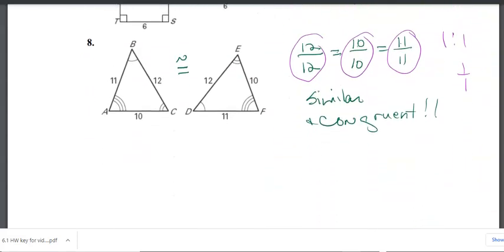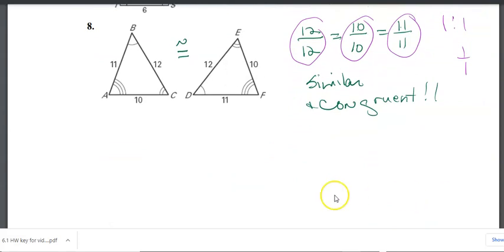Okay, I thought 8 was very interesting because look what we have. Check out the angles. B is exactly equal to D, C is equal to E, and A is equal to F. So I know I have corresponding angles that are equal, and therefore it's a candidate for similarity. Now let's do this.